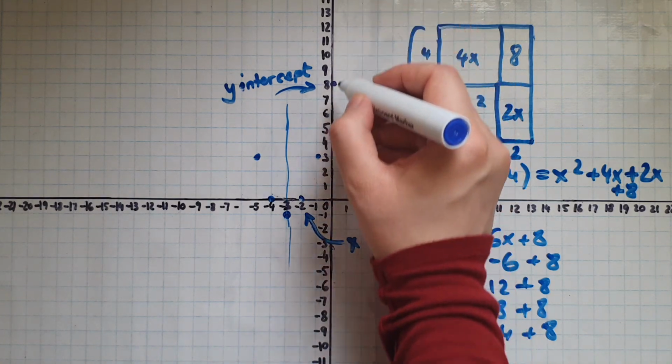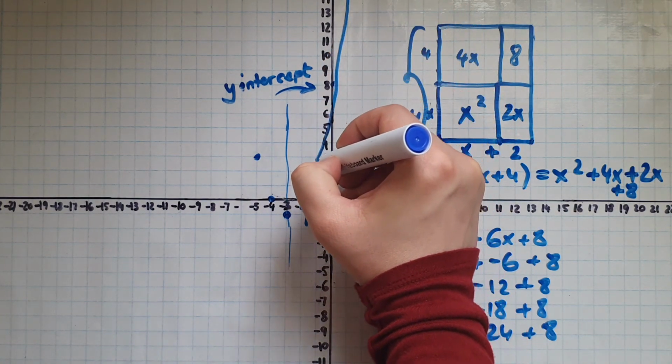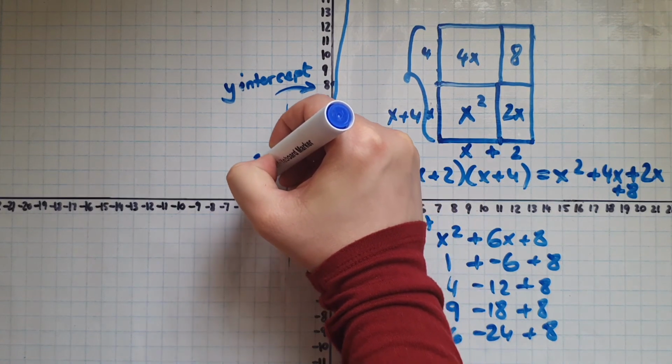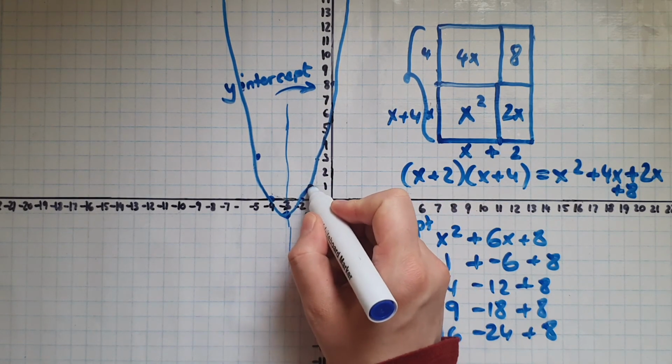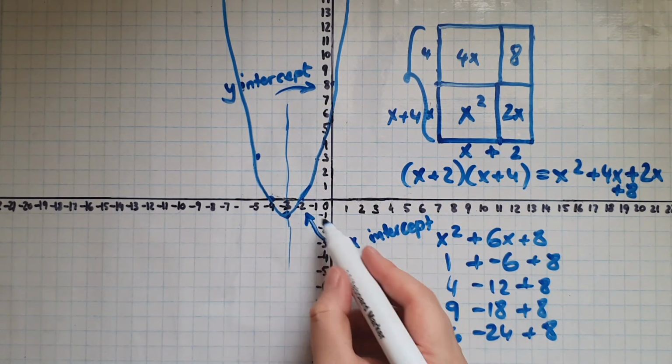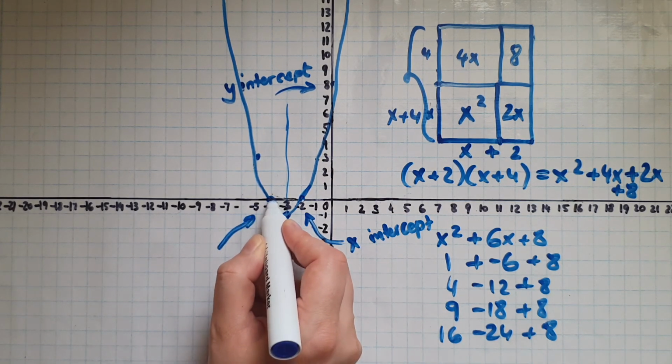So I'm going to just join these together. You get the idea. So this is an x-intercept, and this is an x-intercept as well.